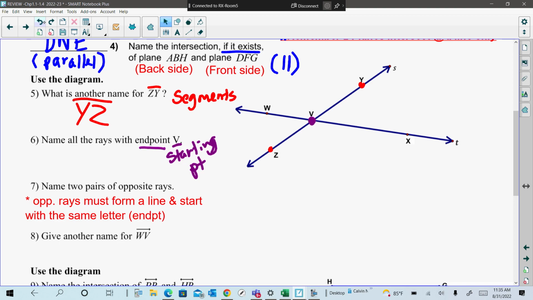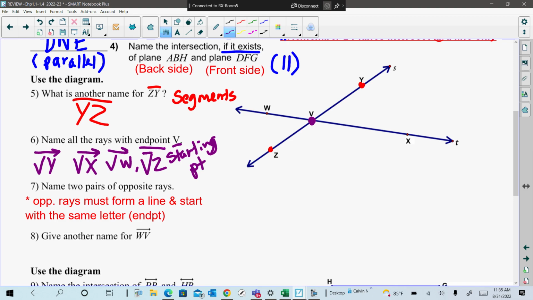So I could say VY with the arrow above it to show a ray. I could say VX with the arrow, VW with the arrow above, or VZ. I ran out of room, sorry.